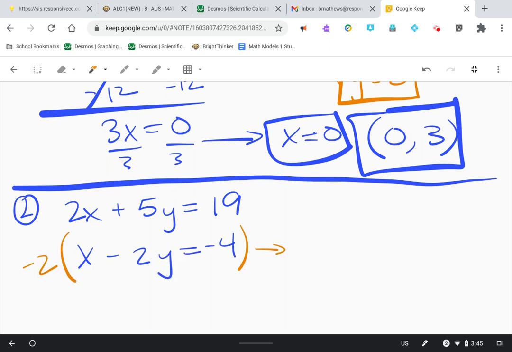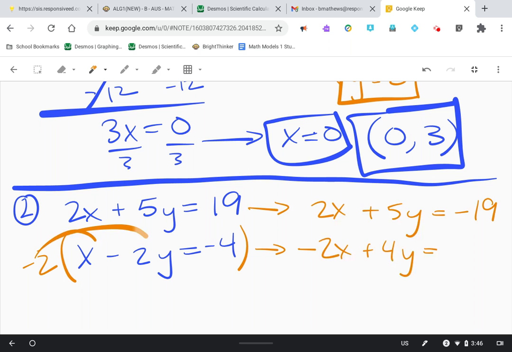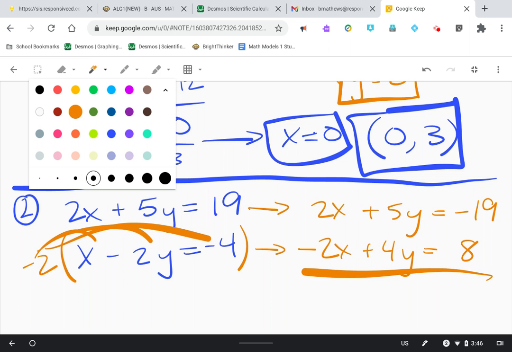When you do that, you get negative 2x, which will match up with our 2x up here. I'm just going to bring this one over. Negative 2x plus 4y equals, again, I'm just distributing this negative 2, 8. And we're going to combine these two equations.